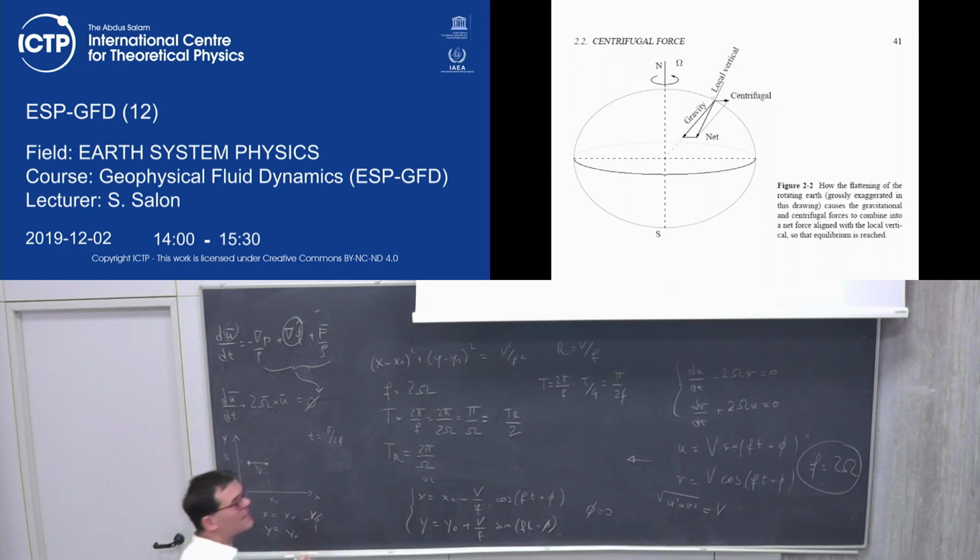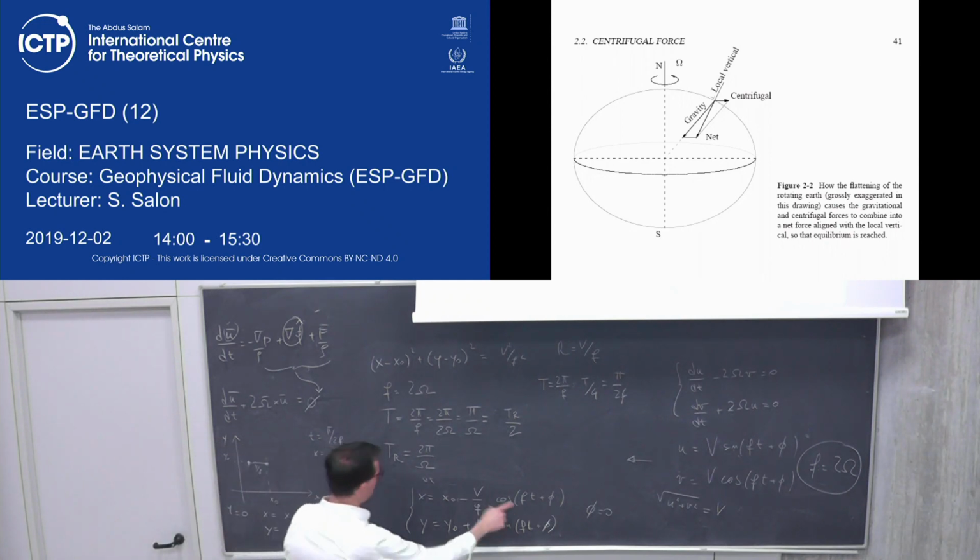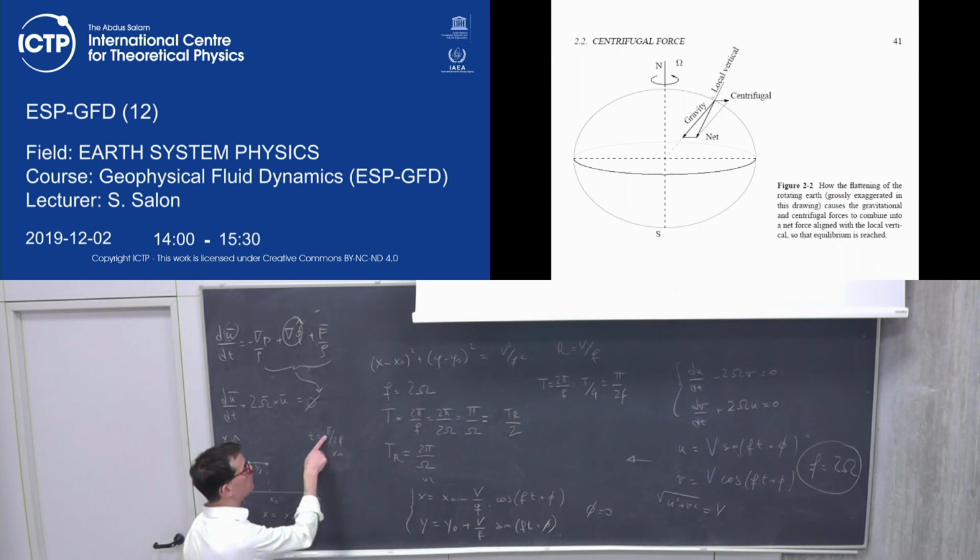So after a quarter of rotation, x will be again x0, because ft when t is equal to pi over 2f gives pi over 2. Okay?